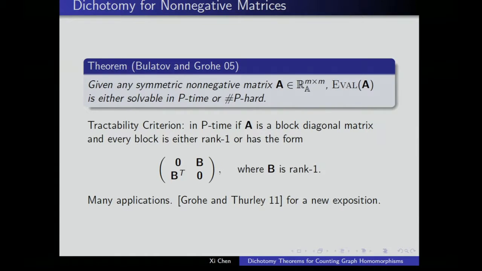If I have a non-negative matrix and I'm interested in its complexity, then all I need to do is to look at its 2x2 submatrices. If I'm able to identify a 2x2 submatrix of this bigger matrix, which has, let's say, at least 3 positive entries, but is not rank 1, then I can just apply this theorem and claim that it's #P-hard. So if you want to prove a matrix is hard, just try to identify a 2x2 matrix which has 3 positive entries, but not rank 1.